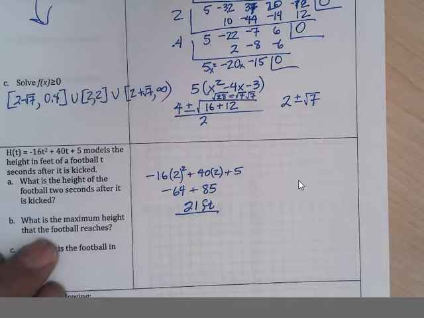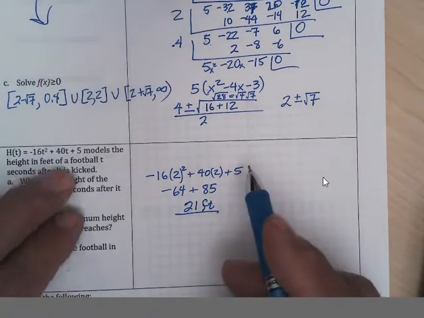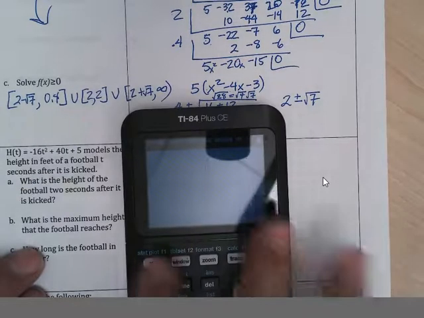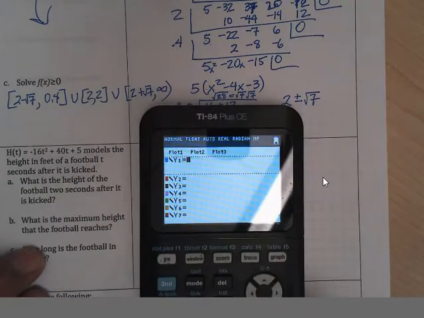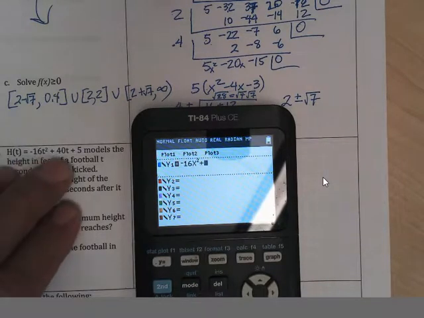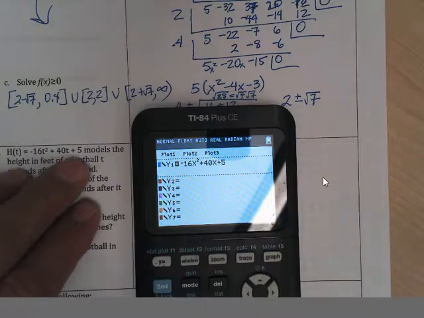What is the maximum height the football reaches? That'll happen at the time minus b over 2a, or you can go to the calculator and type it in. Negative 16x squared plus 40x plus 5.